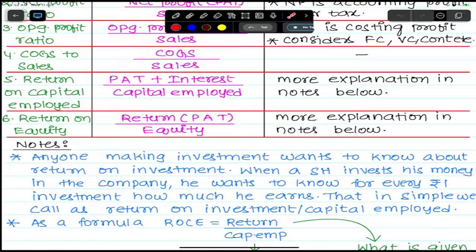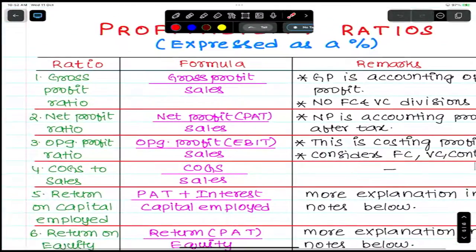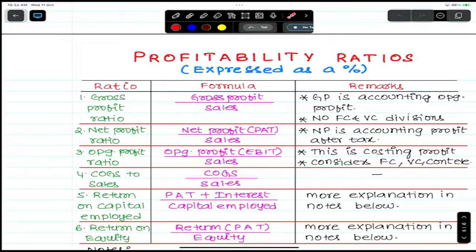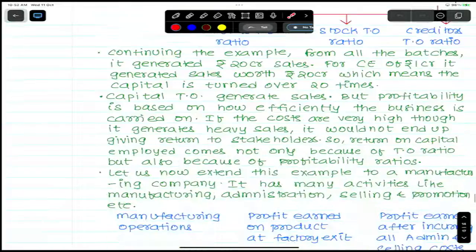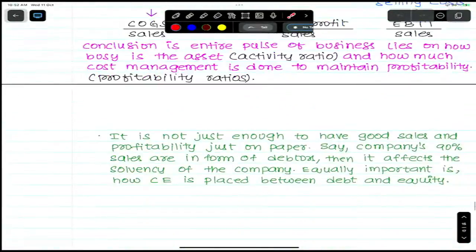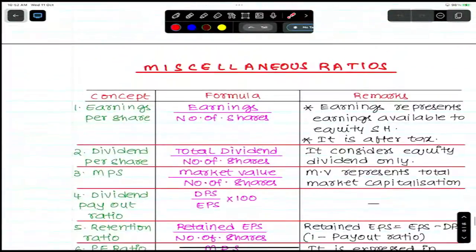Can I go to the other ratios? We have completed profitability ratios here. Next one. Don't write these notes. These are the notes we are going to write in DuPont analysis. Take this.